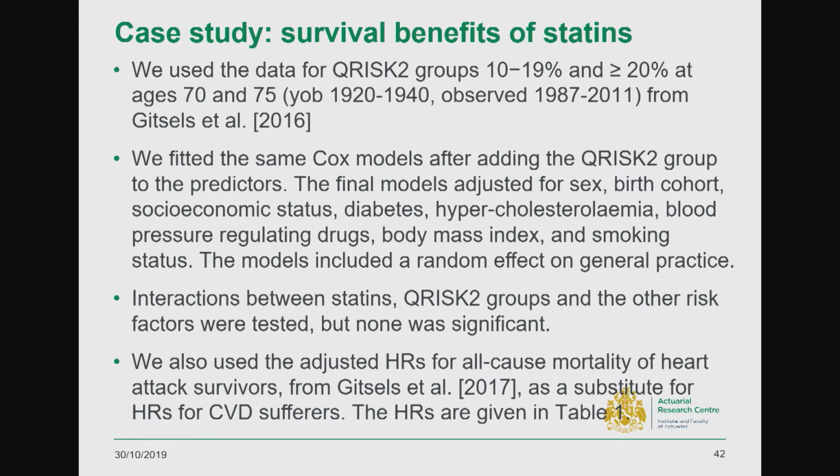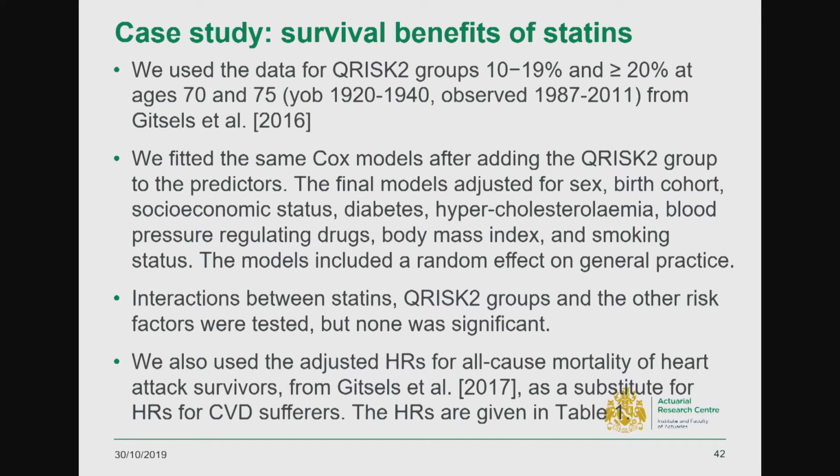But here I'm going to use only the data for the 70 and 75 cohorts. And what we looked at there is 2 cardiac risk groups, 10 to 19%, and above 20%, 20 to 40%, at ages 70 and 75. Those patients were born between 1920 and 1940 and observed between 1987 and 2011.